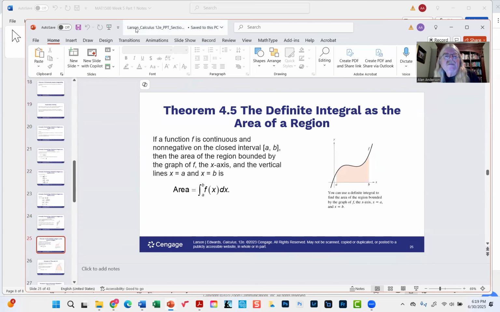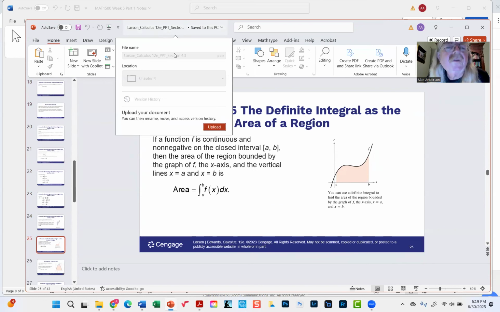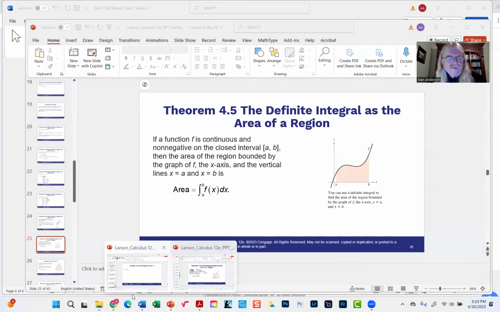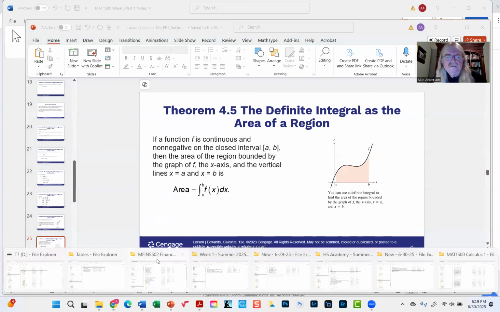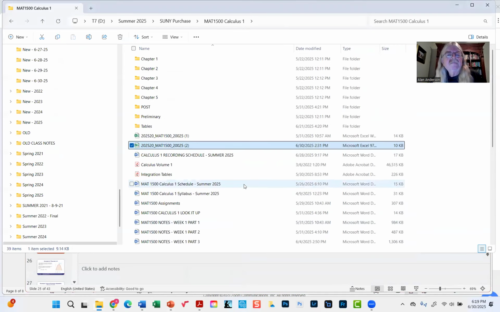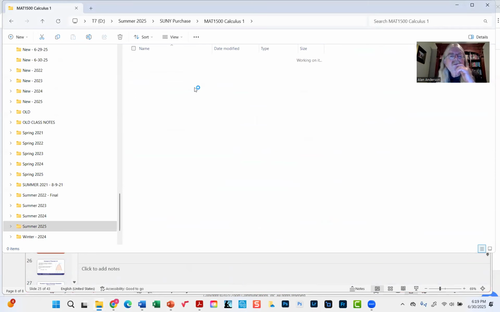So this is 4.3. I don't think I have 4.4 open. Just out of curiosity, what's 4.4?